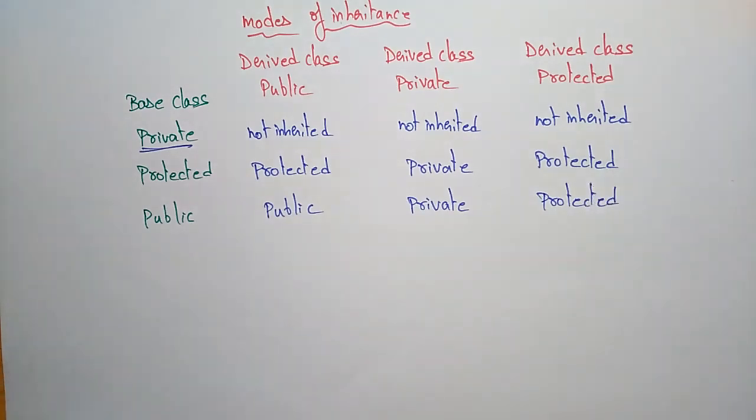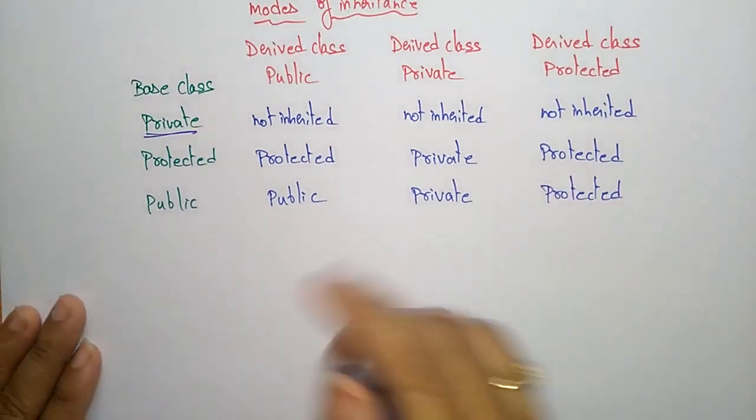Okay, so these are the modes of inheritance, that is the public mode, private mode, and protected mode. In the next video, let us see the benefits of inheritance. Benefits means just the advantages of inheritance.